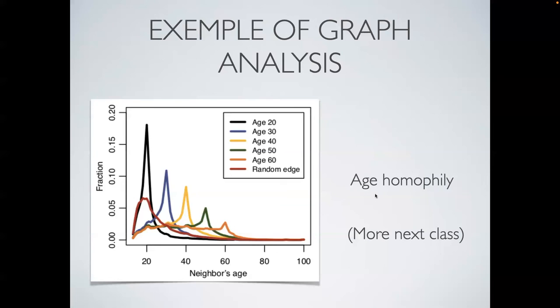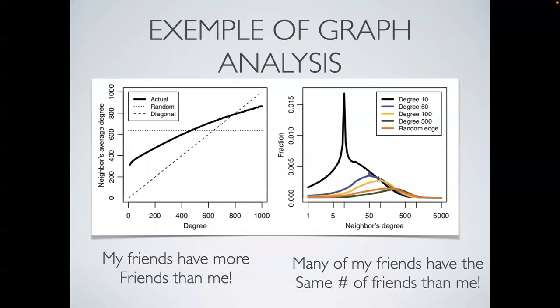So this is called homophily. We will talk again about that later. It's this notion that people tend to connect to people that are similar to them in networks. Not always, but it's very common. We can make the same observation with the degree of the nodes. That's on the right here. Same idea: you take people that have a given degree.